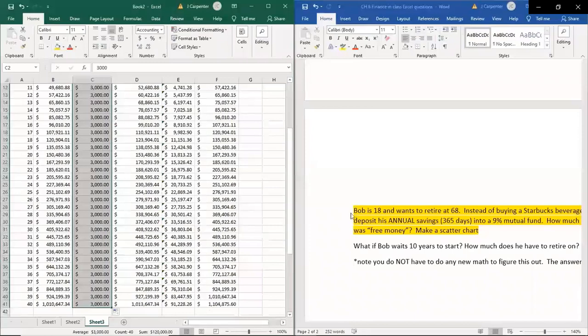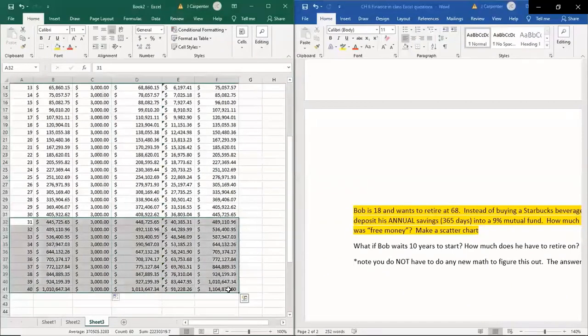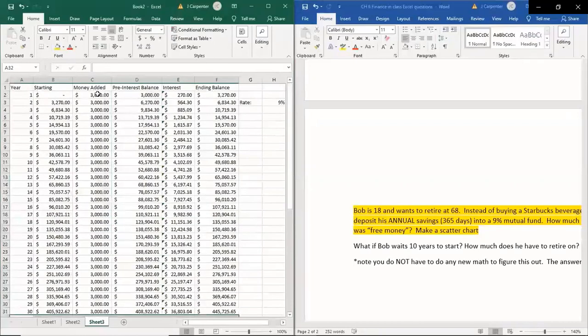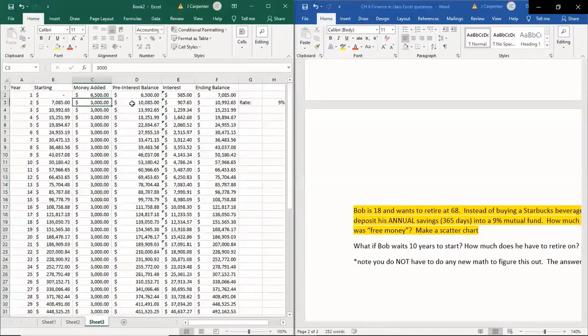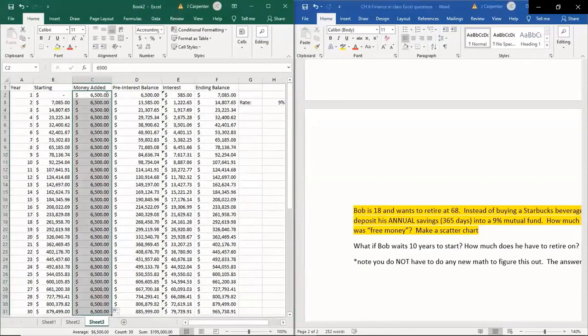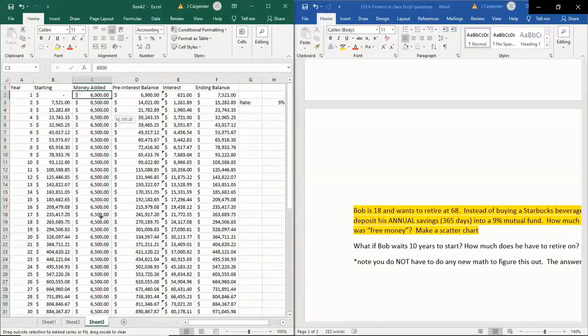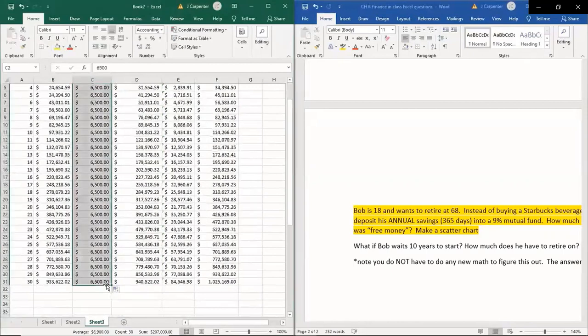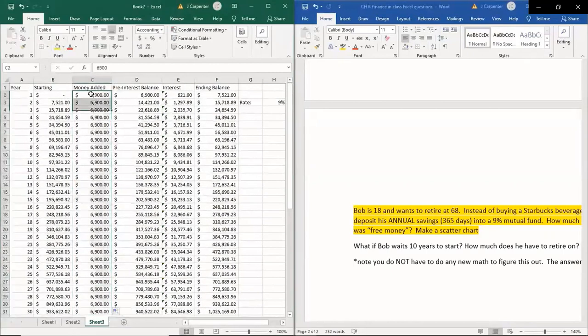You wait another 10 years, if you only go to year 30, if you cut this and you're trying to hit that 1.1 million, now we've got to put like, it's probably like 6,500. And it's a little more, so maybe 6,900. I'm sorry if I'm taking an extra minute or two of your time, but I think this is important. There, let's go a nice even 7,000, maybe 7,100.